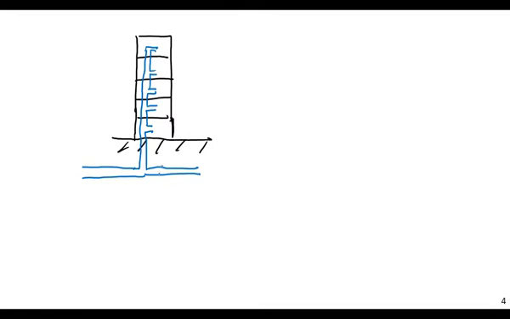And then at each level there'll be taps, toilets, faucets, showers depending on the building type, all of the places that we access water for our daily use.